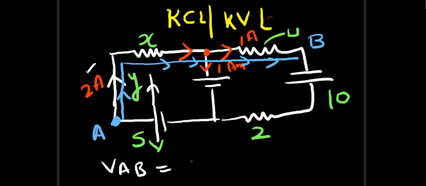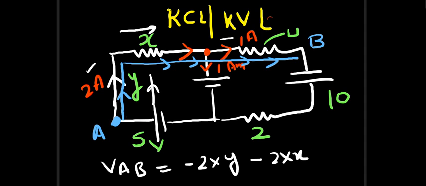So the potential drop is -2 multiplied by Y. And if you go on this side, it will be -2 into X. And once you reach this place, you are having minus U into A, where U is in ohms. So you can find the potential difference VAB, between the points A and B, with this method.